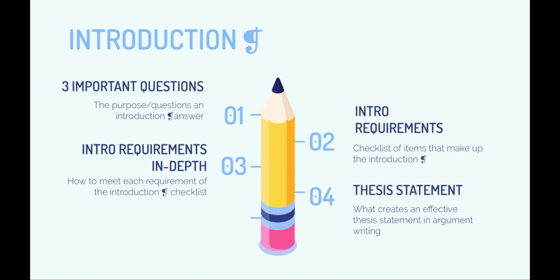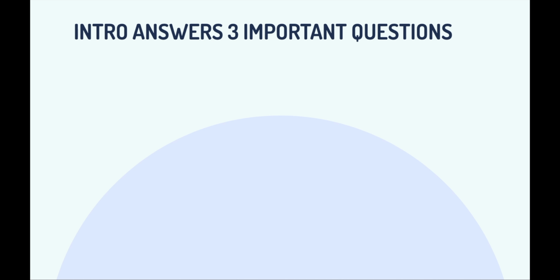Then we're going to talk about a thesis statement and how to create an effective one that might be a little bit different when it comes to argument writing. And then lastly, we're going to get into the 3 types of appeals. And these 3 types of appeals are typically used as persuasive methods in writing, in the media, and we'll talk about other examples.